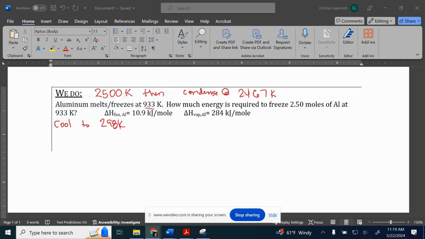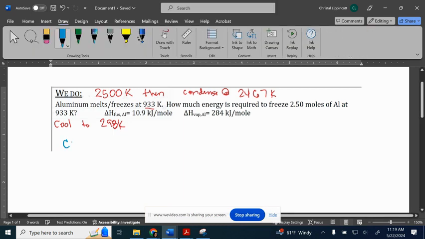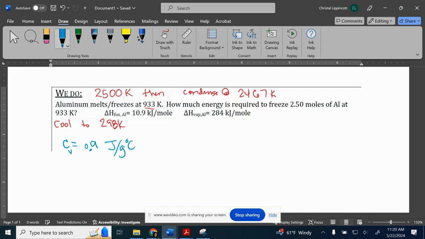Okay, so we need the specific heat of aluminum vapor, and that is 0.9 joules per gram degrees Celsius. Right?